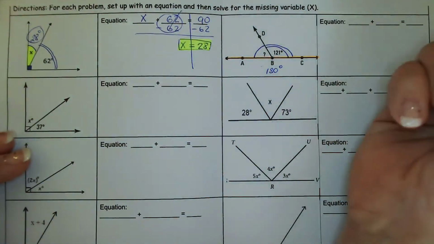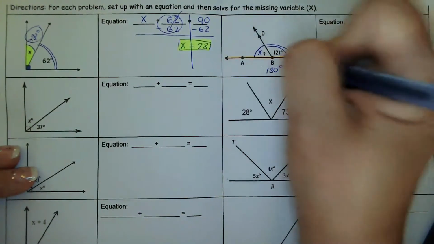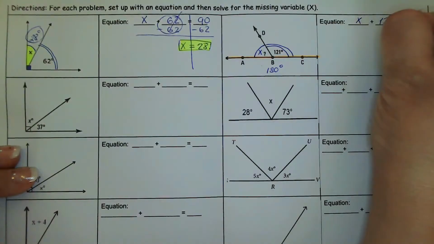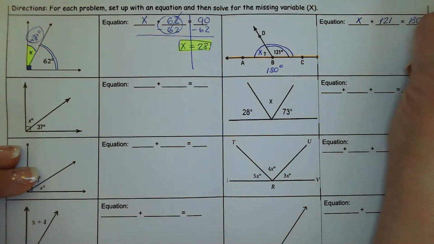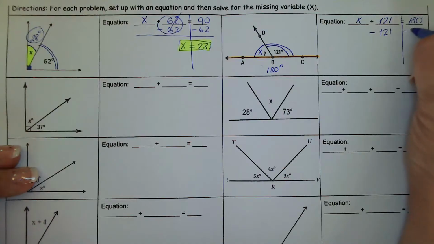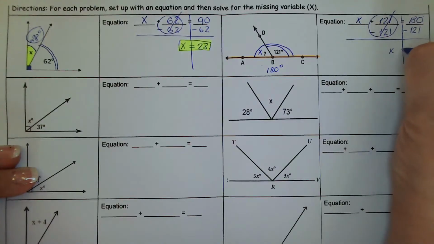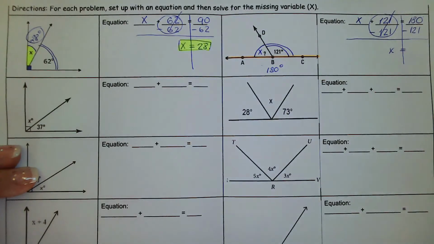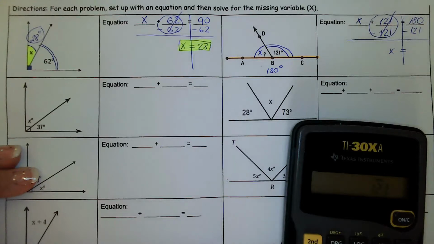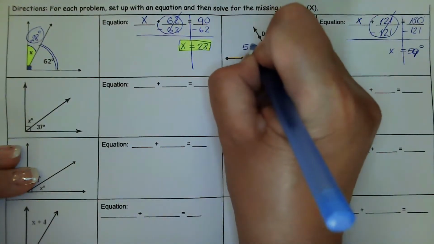So the question mark, I can give it a variable x, let's say, plus 121 together add up to 180. To solve the equation, we subtract 121 and the x value is 59 degrees.